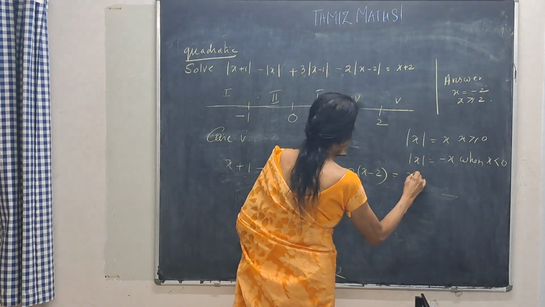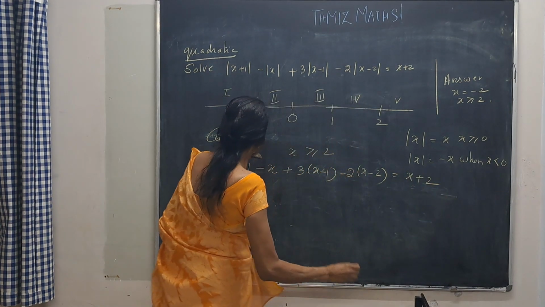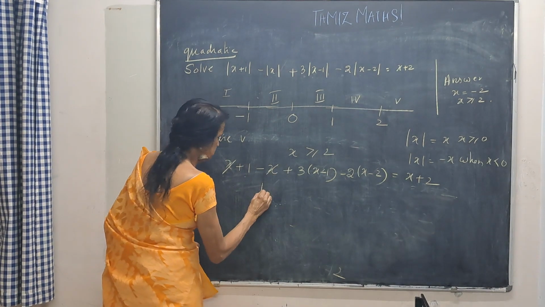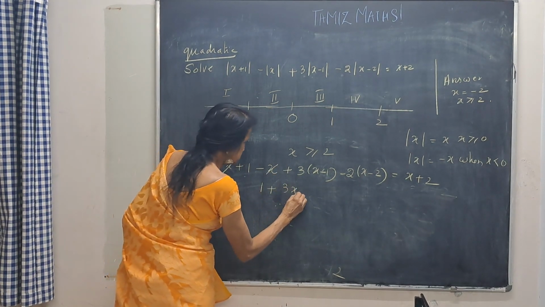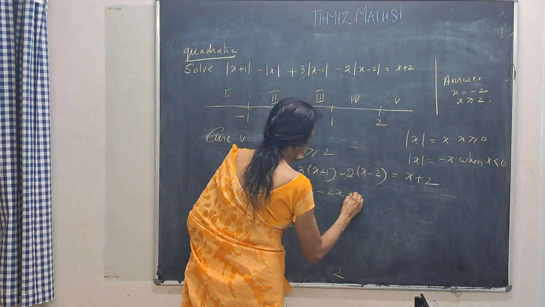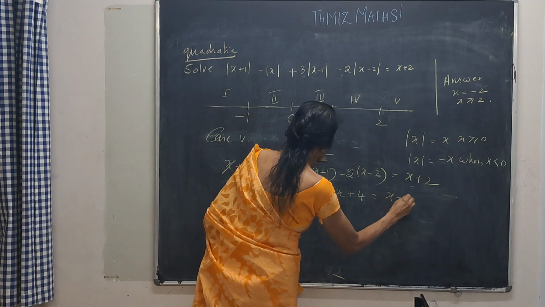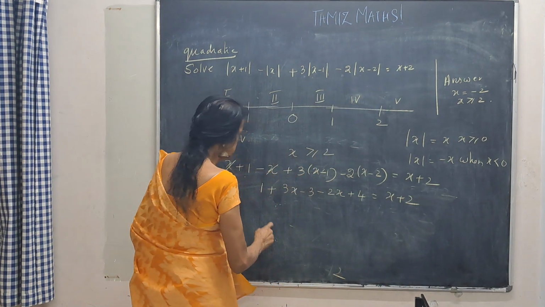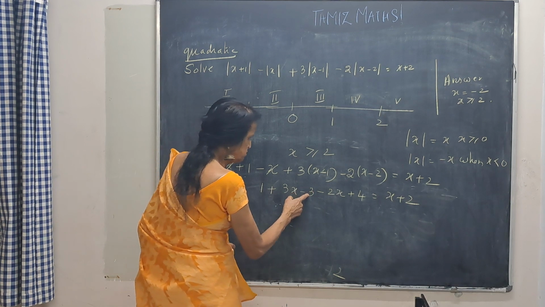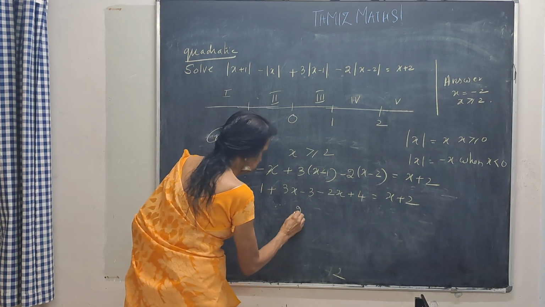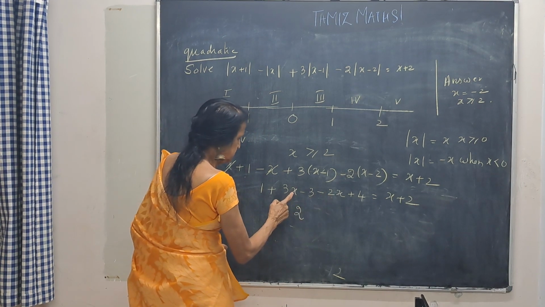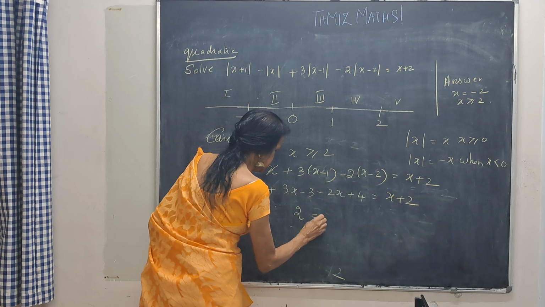That is equal to x plus 2. X will get cancelled. 1 plus 3x minus 3 minus 2x plus 4 is equal to x plus 2. 1 minus 3 minus 2 plus 4, 2. And 3x minus 2x, that x will get cancelled with this x. 2 is equal to 2.